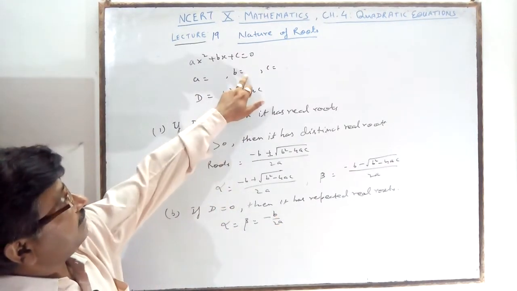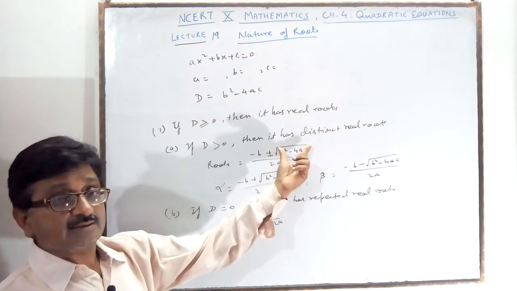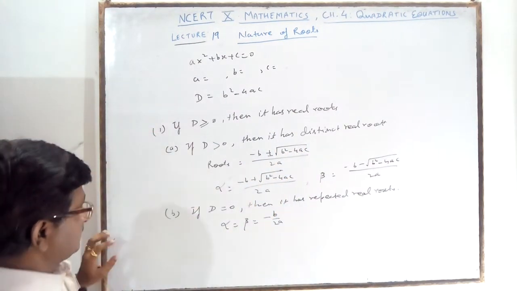Only this value is here, because this part will be 0. This is very simple.